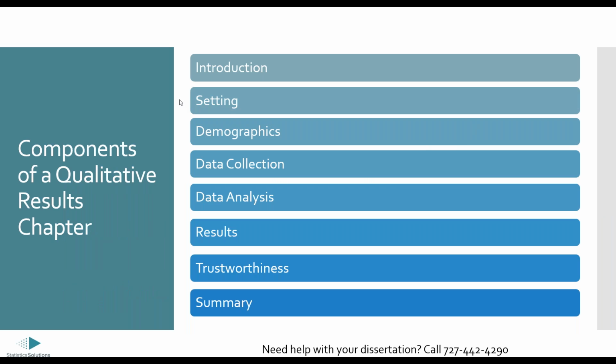So I want to cover the basic components, what goes into the qualitative results chapter today. So we'll touch on each of these items as we move forward. And this is a bit of a compilation from some different universities that I've seen and what goes into a typical results chapter.